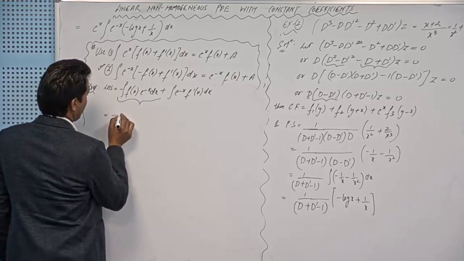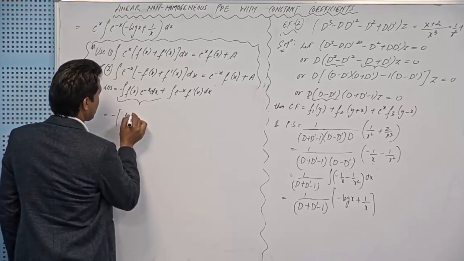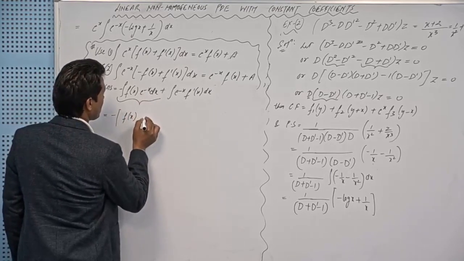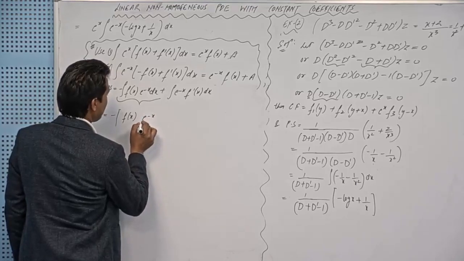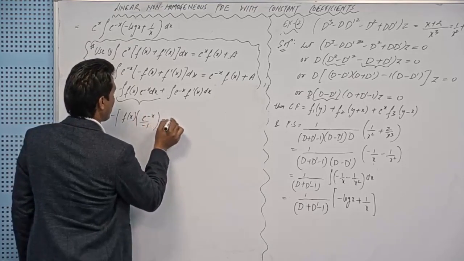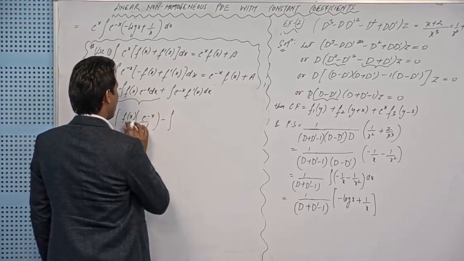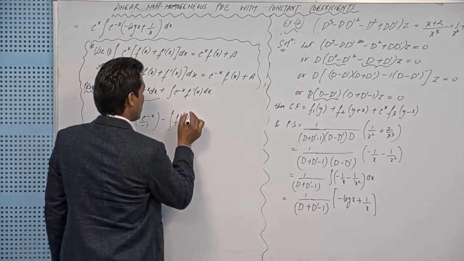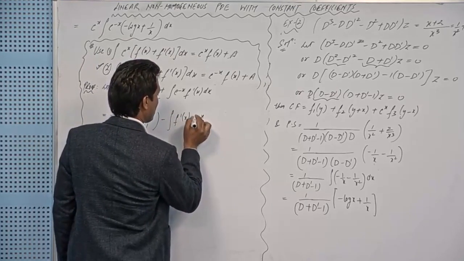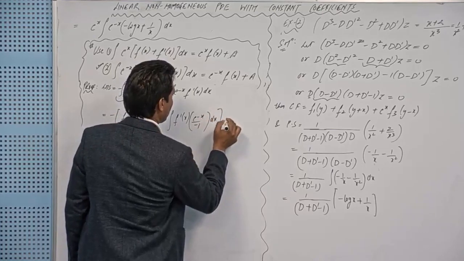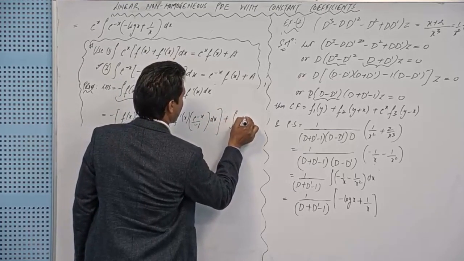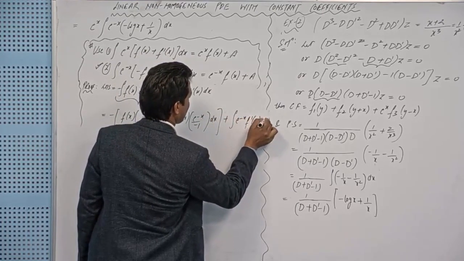Then I will have minus first function as it is, integration of the second function, that will be e to the power minus x upon minus 1, and then minus, inside the integral sign, differentiation of f dash x, and integration of e to the power minus x upon minus 1 dx, and here I have plus e to the power minus x f dash x dx, right?